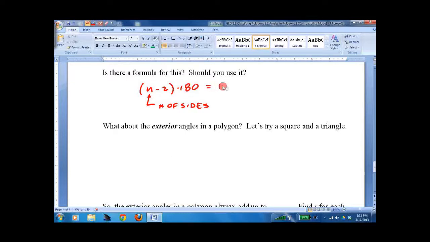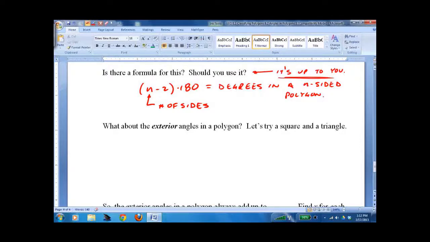And that'll give you the degrees in an n-sided polygon. Should you use it? It's up to you. It's kind of a hassle to make triangles in a 12-sided polygon, but it's pretty rare you're going to run into one of those too.